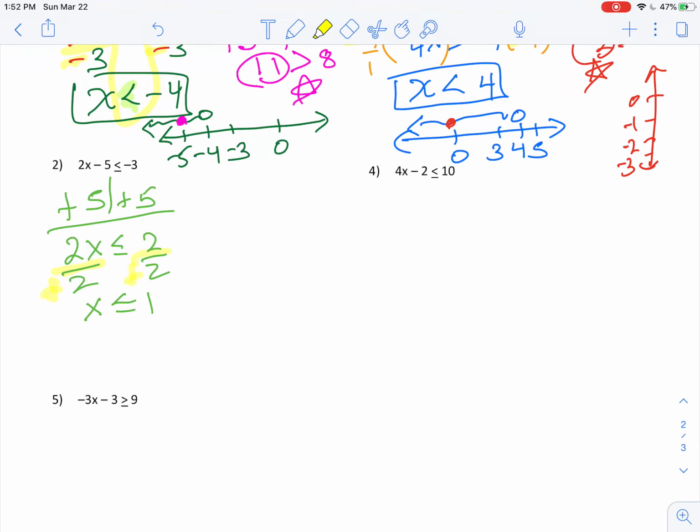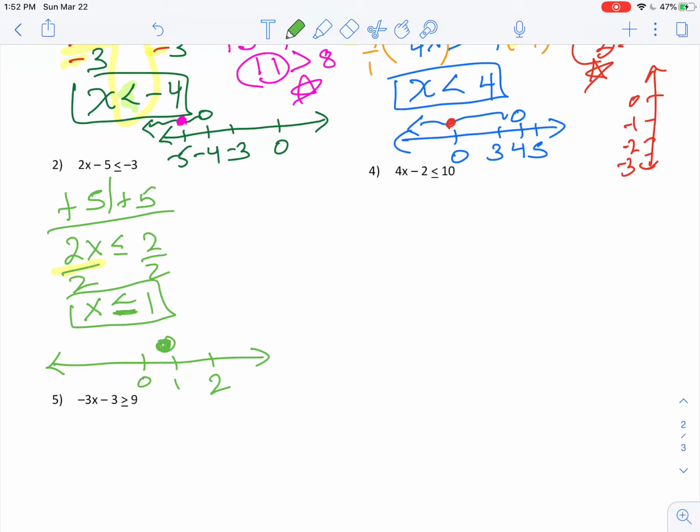Ooh, this time we divided by a positive. No change. Dividing by a positive, there is no change. So you only change if you multiply or divide by a negative number.